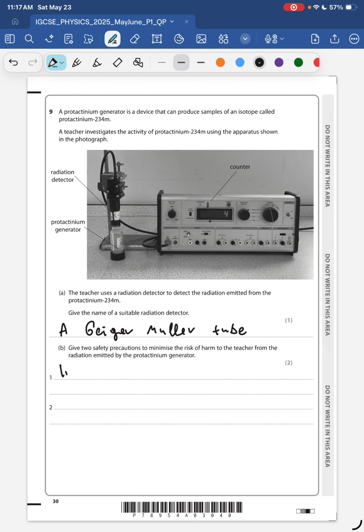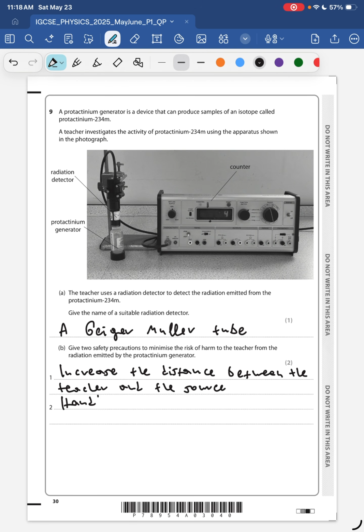So increase the distance between the teacher and the source. That's one. And handle the source with tongs rather than your hands. Okay, let's move on.